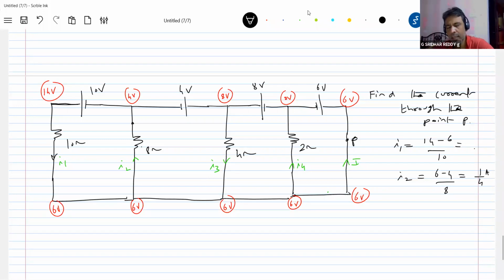I3 will be 8 minus 6 by 4, 1 by 2. I4 is 6 minus 0 by 2, 3 ampere.